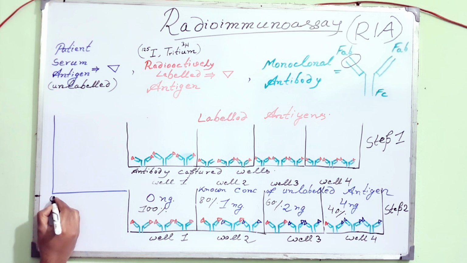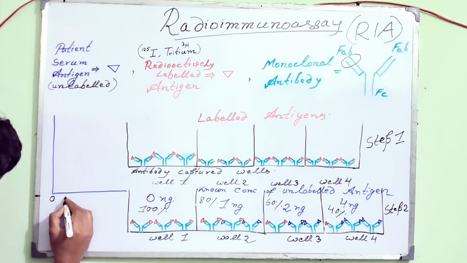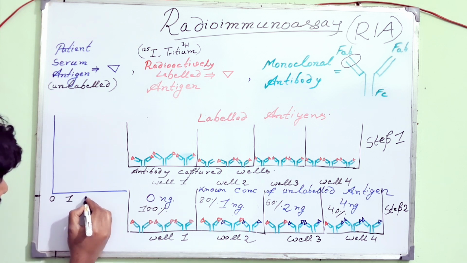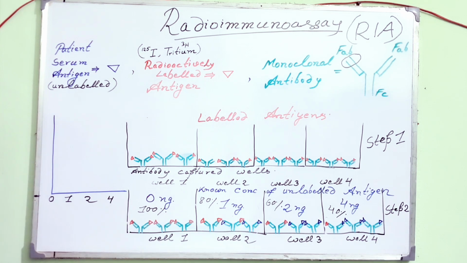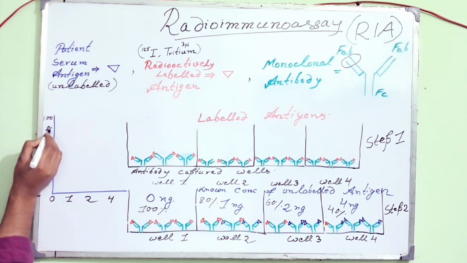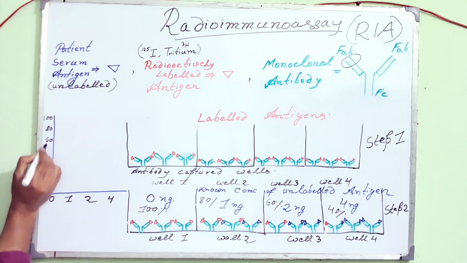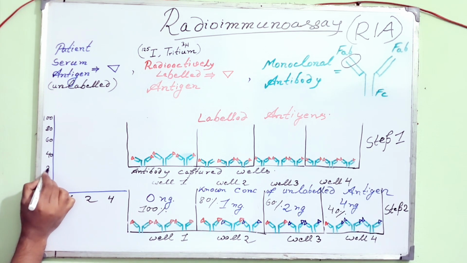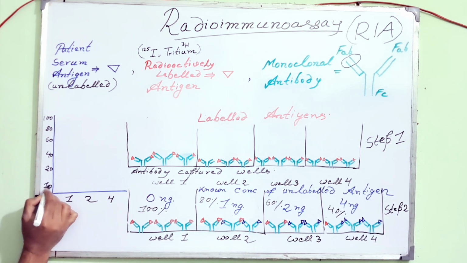So likewise I will draw here: 0 nanogram, then 1 nanogram, then 2 nanogram, then 4 nanogram. For 0 nanogram, it is 100. Let's mark it 100, 80, 60, 40, 20, 10.